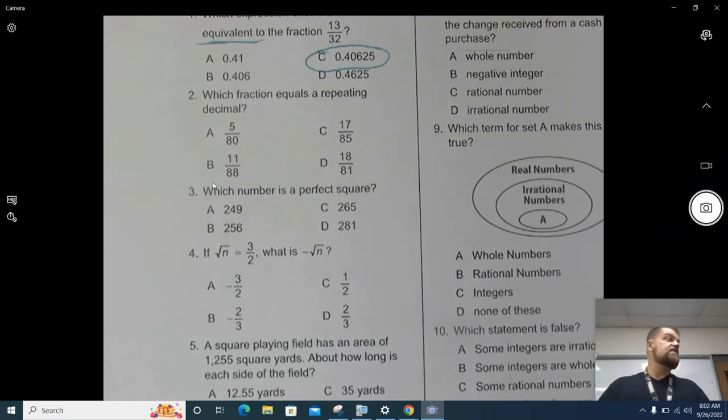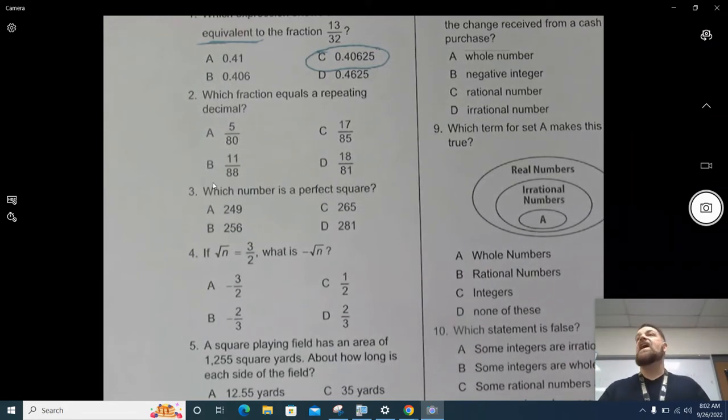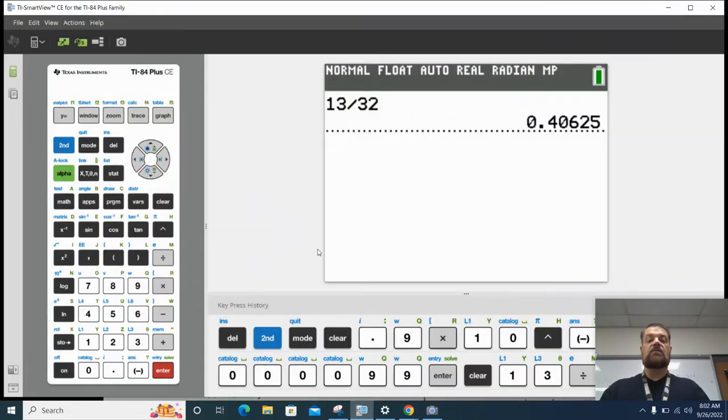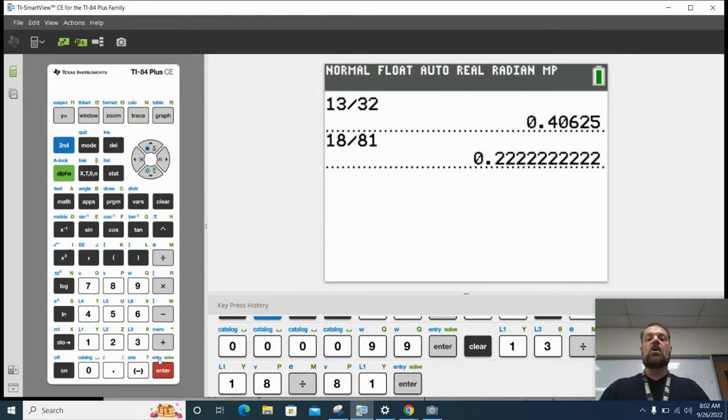Now, I have a hunch that it's D because D reduces down to something over 9. 9 always has a repeating decimal if you have 9 in the denominator. So let's do 18 divided by 81 on our calculator. Ready? 18 divided by 81.